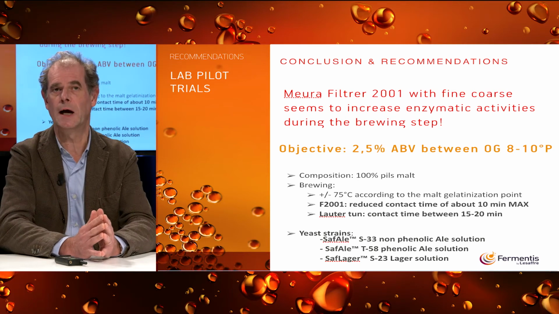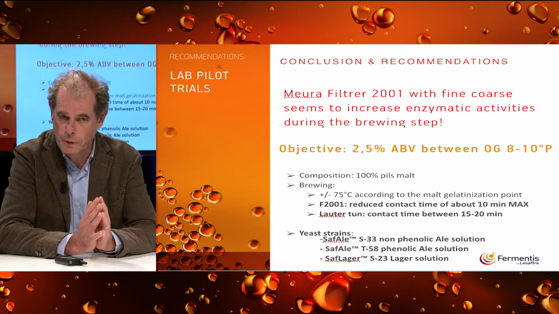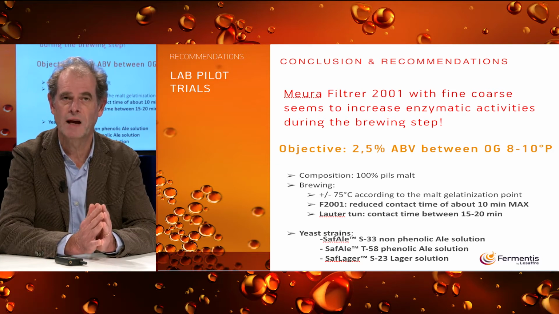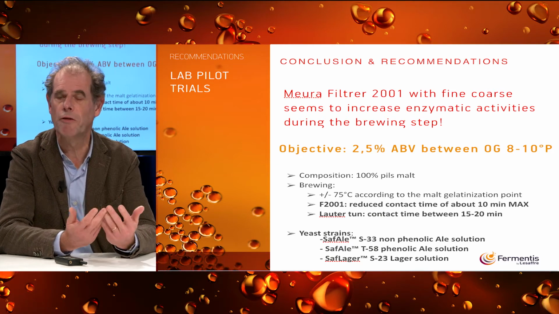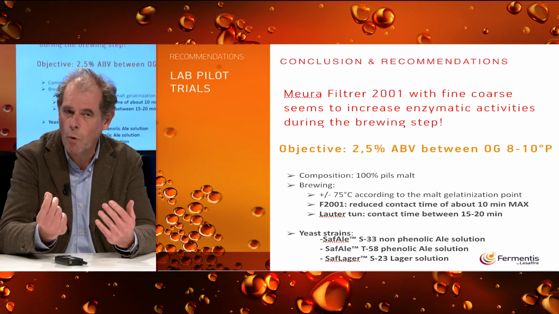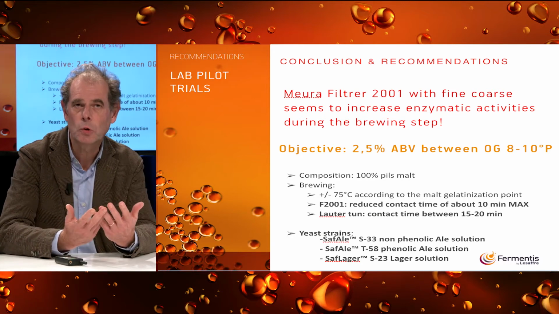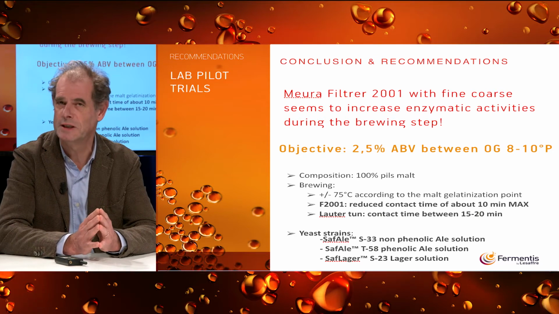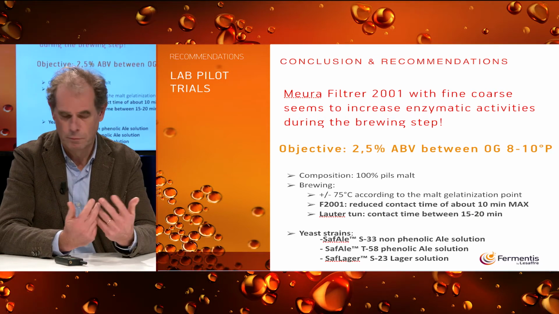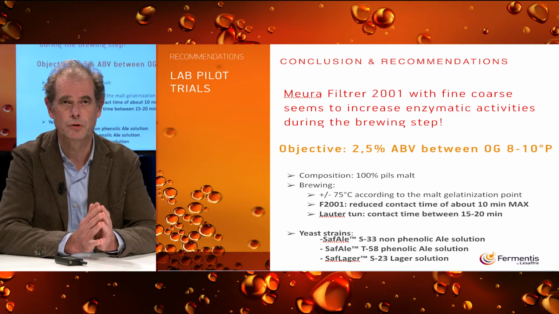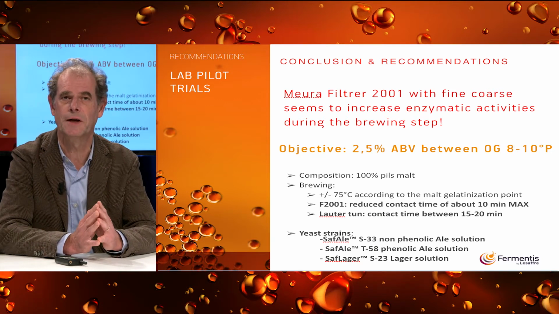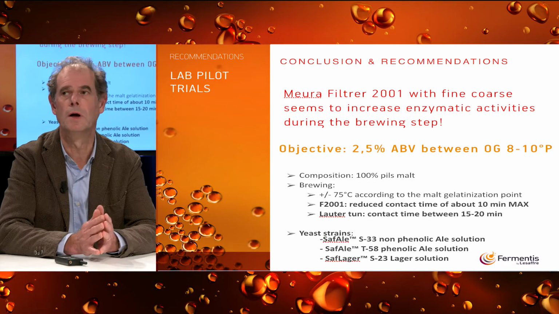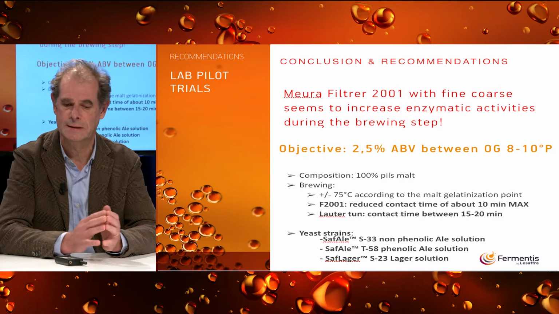For the yeast strain, our recommendation for the ale would be the SAF ale S33, which is non-phenolic and probably produces a little bit more fruitiness. If you look for a phenolic solution, which is nice, we have the SAF ale T58. For the lager production, we recommend the SAF lager S23, with slightly more fruitiness as well in these compositions.